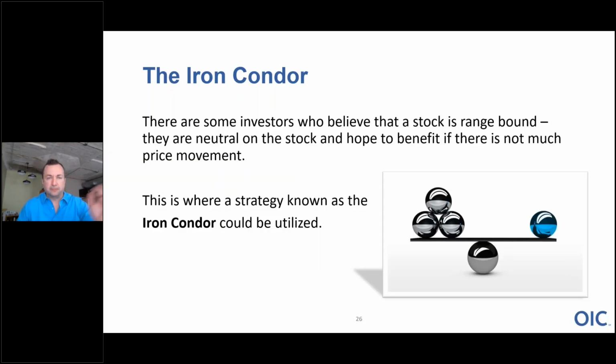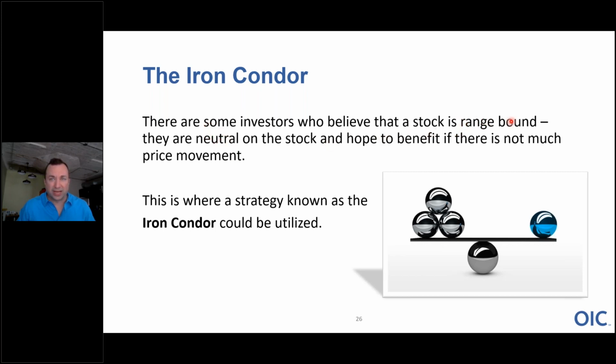Now, as we had said previously with the two vertical spreads, there's an element of neutrality in your motivation, but also a directional bias: neutral or bullish, neutral or bearish. Well, here with the iron condor, that directional element is gone. You are truly neutral on the stock.